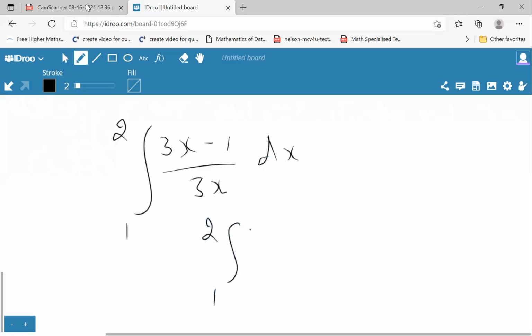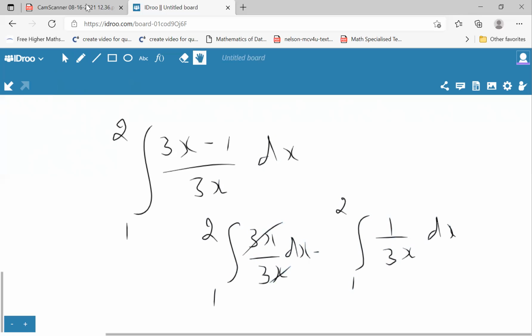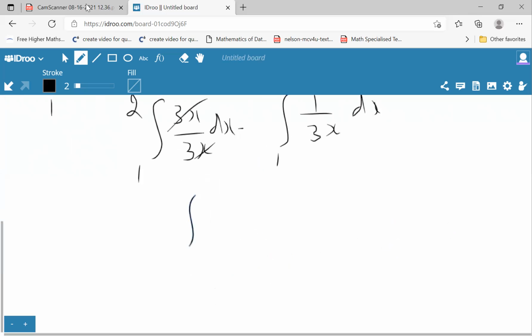Integration of 1 to 2, 3x by 3x, minus integration of 1 to 2, 1 by 3x dx. Now 3x and 3x get cancelled, so you'll be left with integration of 1 to 2 dx minus integration of 1 to 2, 1 by 3x dx.